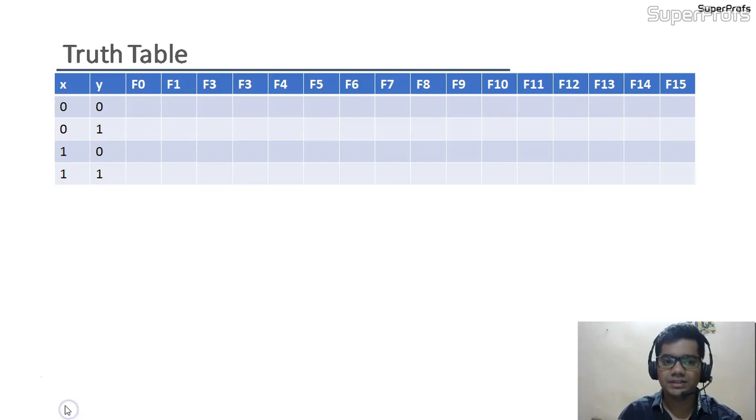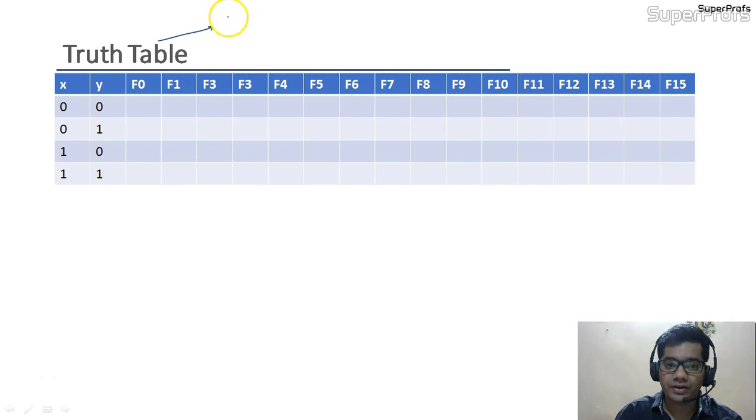To start with, first we are going to understand the number of distinct Boolean expressions for any n input system. By using a truth table we can understand this.